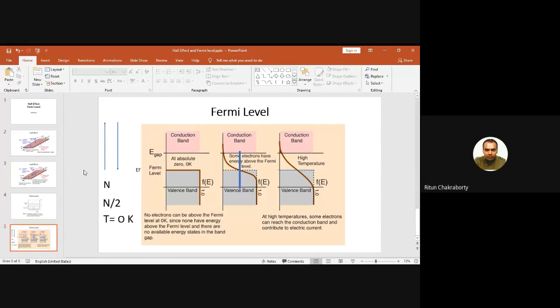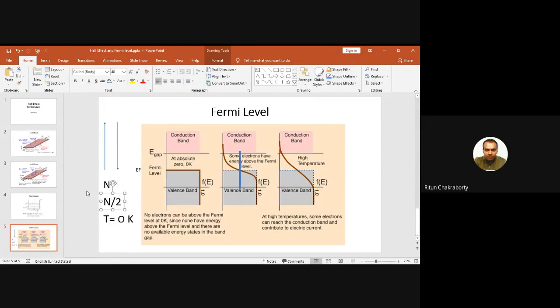The highest energy level occupied by electrons at absolute 0 Kelvin temperature, the highest value of energy. And what is that level this time? Capital N by 2 is the highest value of energy occupied by the electrons.